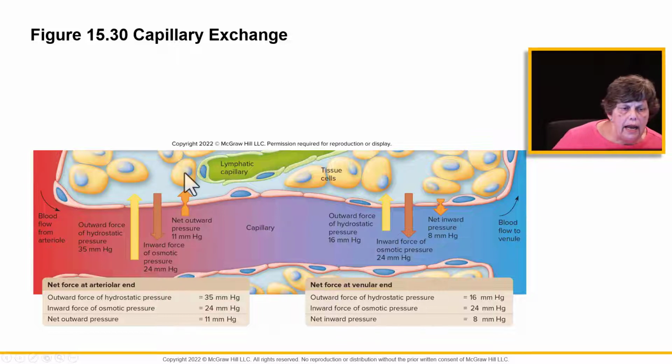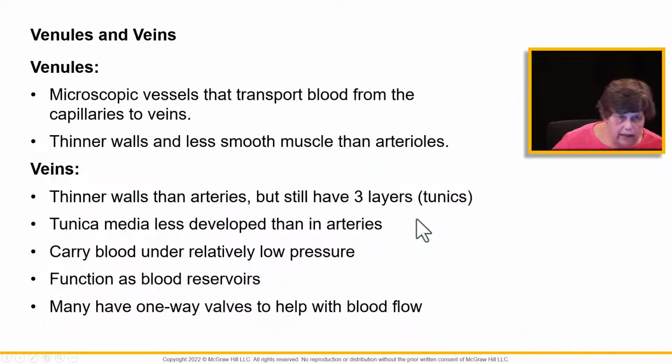As you continue to move stuff into the cell, the pressure changes and eventually becomes higher over here, and you start to move stuff, wastes, out of the cell and into the venous side of this capillary. And that's really all it is.